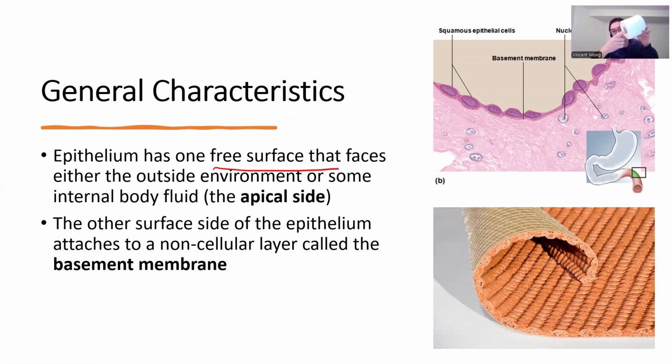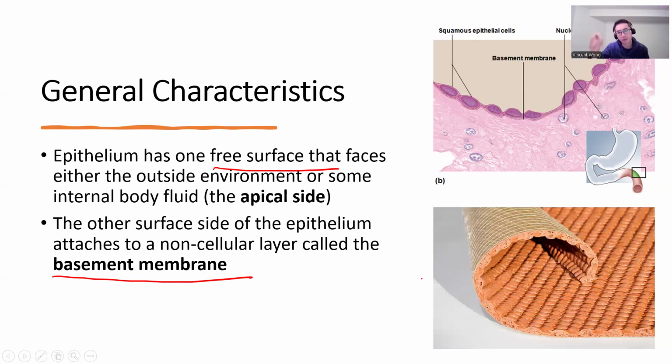That's the side where the food is going to be passing through. If you think about the airway, if this is the airway and the air is going through this hole, then what I'm touching right now on the inside, that's the apical side. So it's in contact with the external, exposed surface. The other side that's connecting it to the rest of the body, we have what's called the basement membrane.